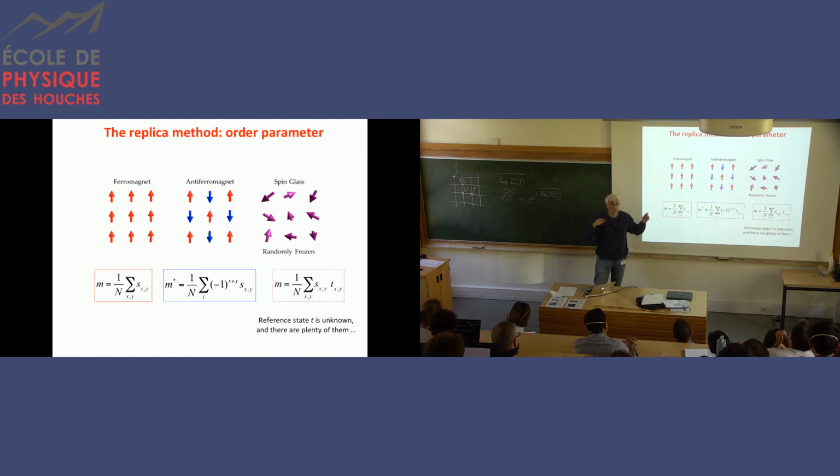So this is where the replica method helps. The idea is that if my configuration is aligned rather well along this reference direction, then an alternative way is to take two configurations.